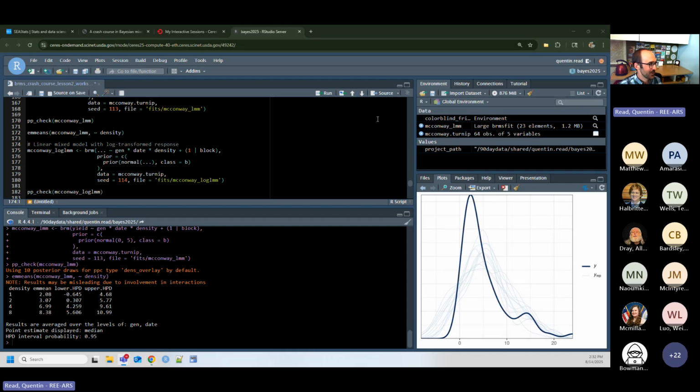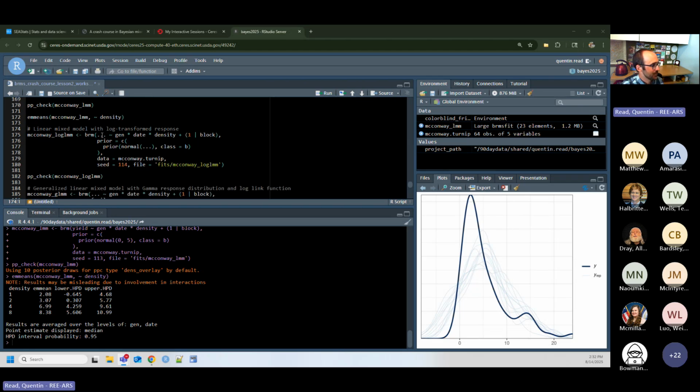Thank you. So that's just what we're going to do here. You can just do the transformation right inside of the model. All we have to do is type log, parentheses, yield as the response variable. By default, this is the natural logarithm, but it doesn't matter what base you use.